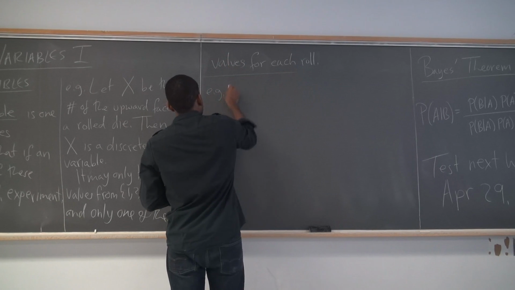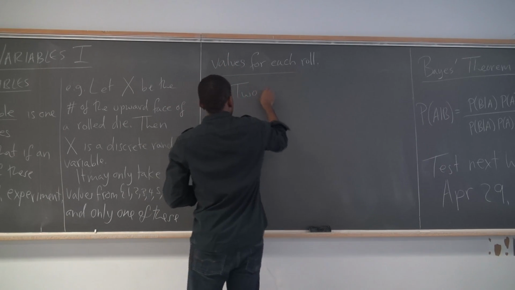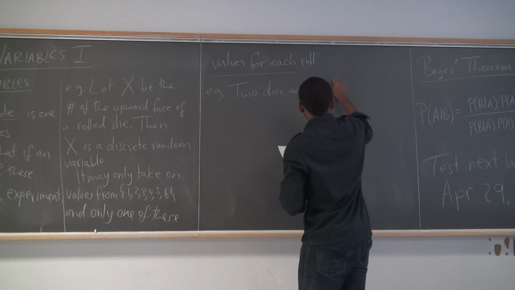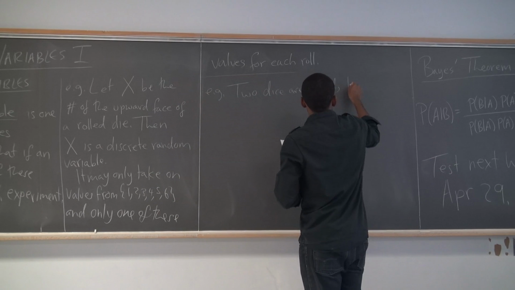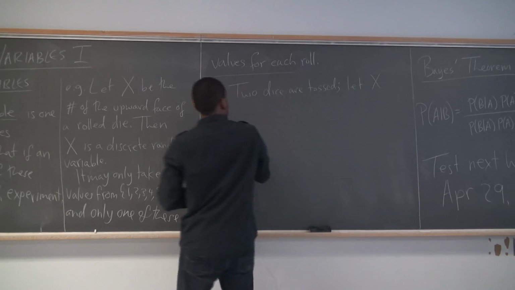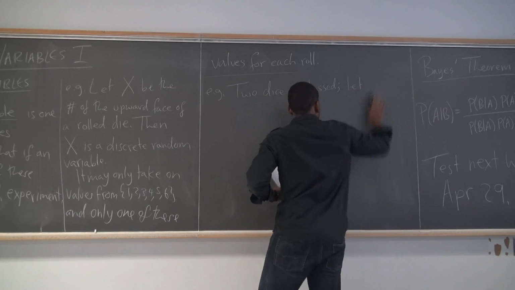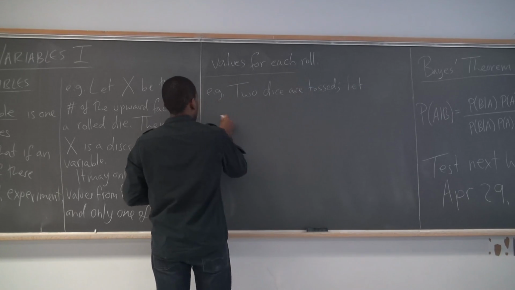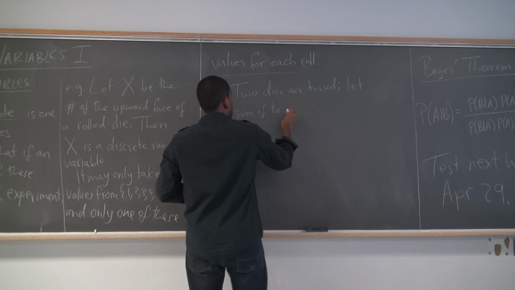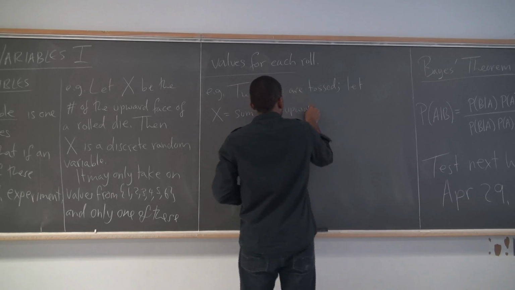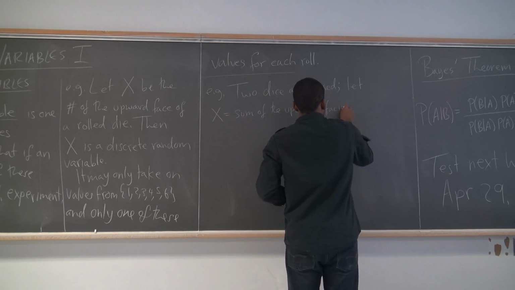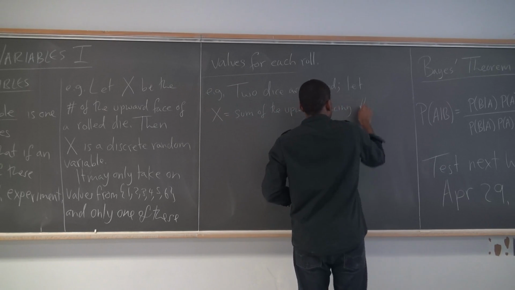So let's continue running with this example. 2 dice are tossed. Let x equal the sum of the upward numbers.